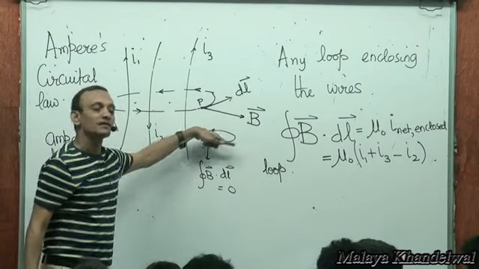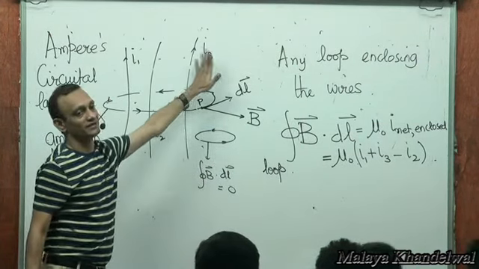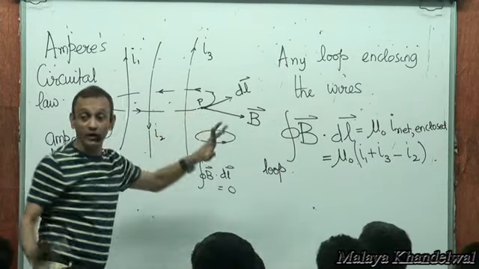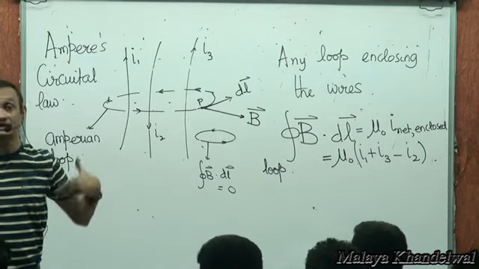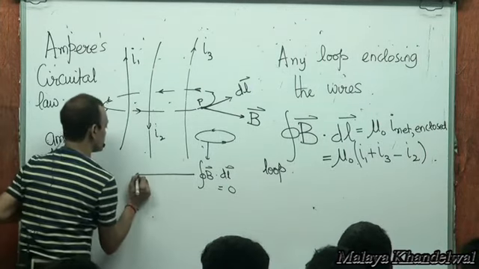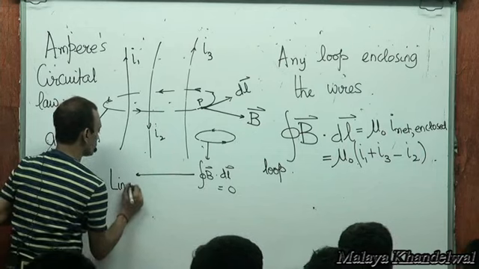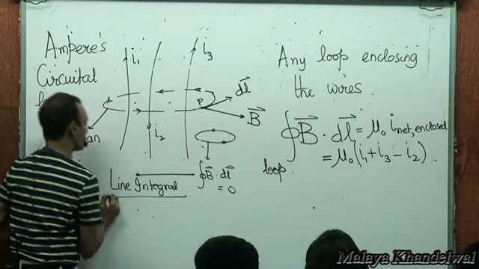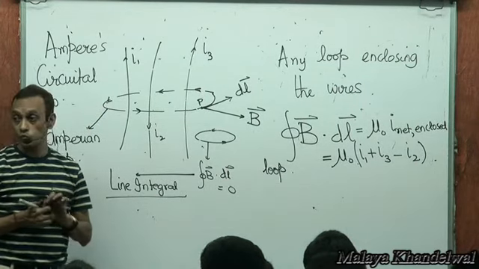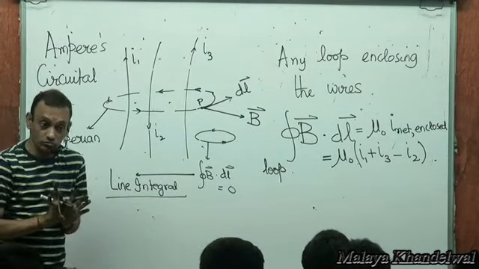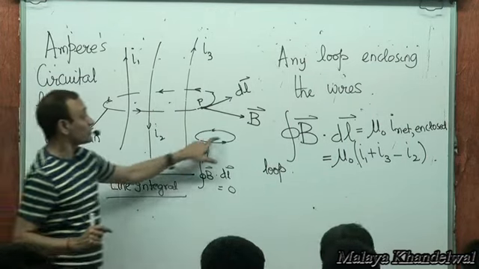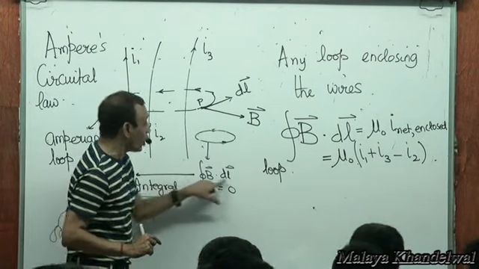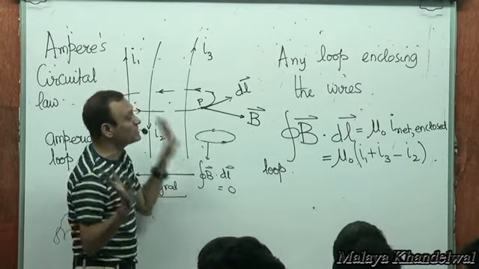It just means that the summation of B dot dls, you find a B here, a dot dl, a B here, a dot dl for every point. That integral, this is called a line integral, will be 0. That will not mean that B is 0. However, if from symmetry one could figure out that the B is the same at every point and along the dl, then B would be 0, which we'll see in a little while from now.